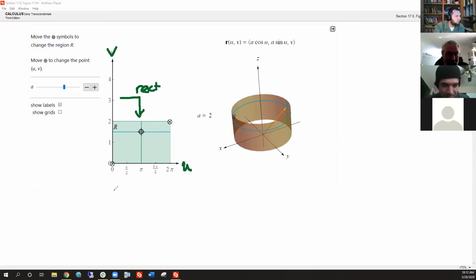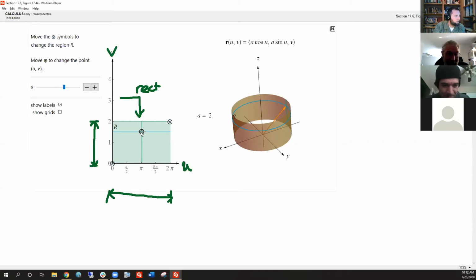And what is that rectangle? Well, it looks like our U's are going from 0 to 2 pi, and our V's are going from 0 to 2. So rectangular region for the parameter, cylindrical output.